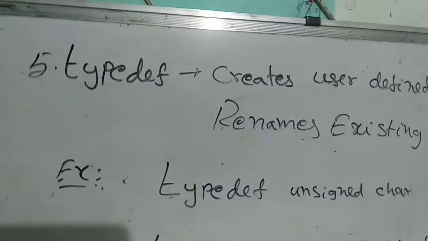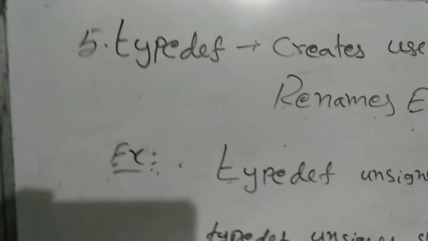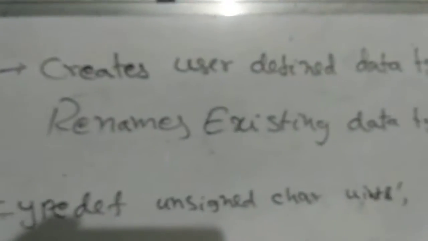The fifth one is the typedef storage class. It has its own advantage. Basically, the typedef storage class is used to create user-defined data types. It renames the existing data types.